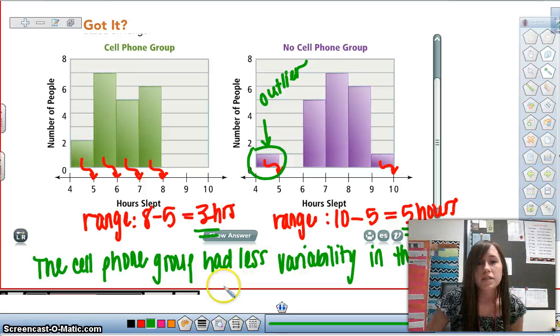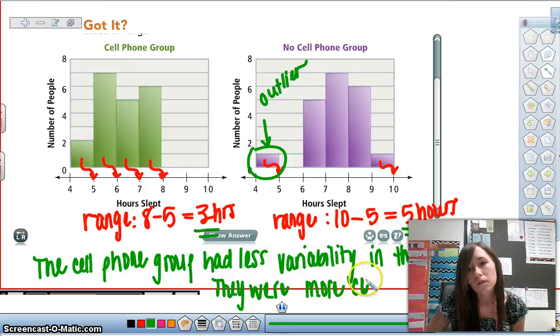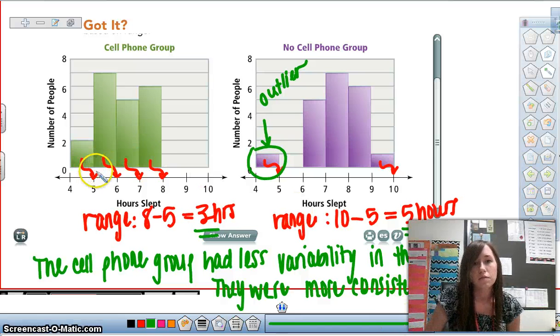We could also write this as they were more consistent, meaning that they all slept about the same number of hours, 5, 6, 7, 8. Really, a lot of them in the 6, 7, 8 range.